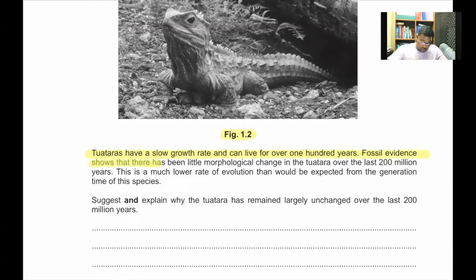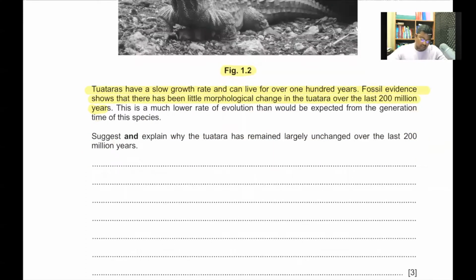Fossil evidence shows that there has been little morphological change in the Tuatara over the last 200 million years. This is a much lower rate of evolution than would be expected from the generation time of this species. Suggest and explain why Tuatara have remained largely unchanged over the last 200 million years.